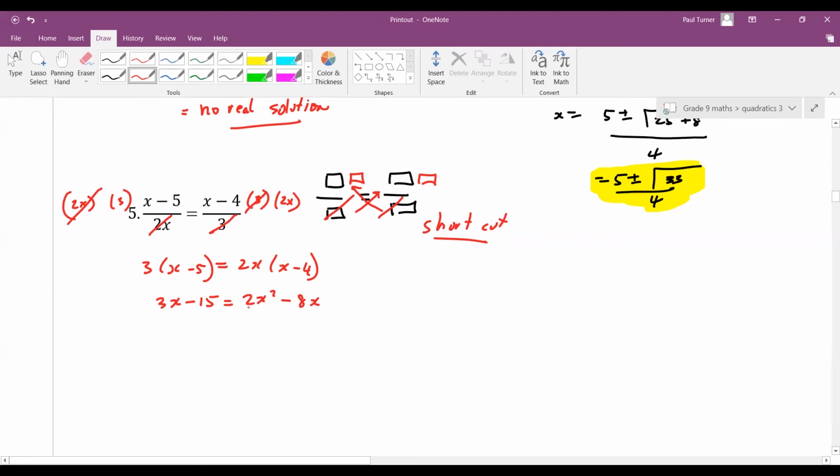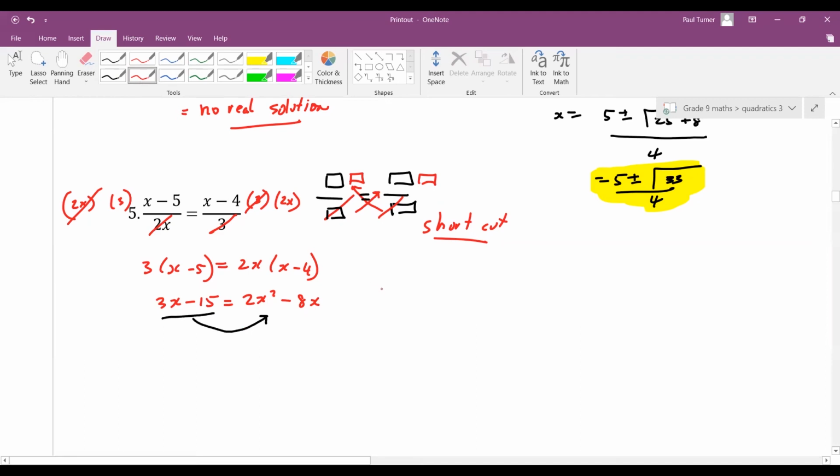Okay, now we can go 2 ways here. You can bring these numbers to this side. You can bring these over here, or you can bring these over here. It doesn't matter because you'll get the same answer. So what I'll do, I'll bring these numbers to this side because I like my a to be positive. So I'll bring these numbers over to here.